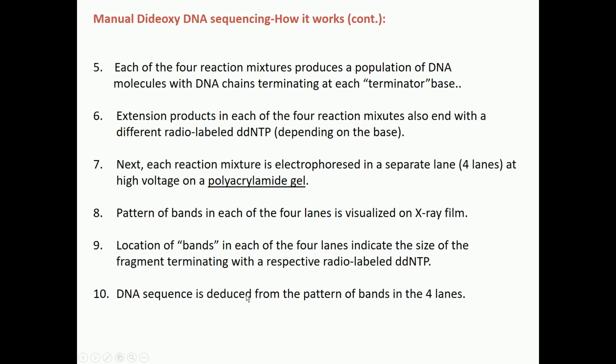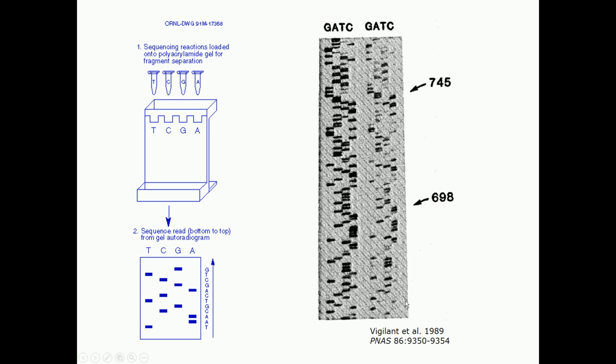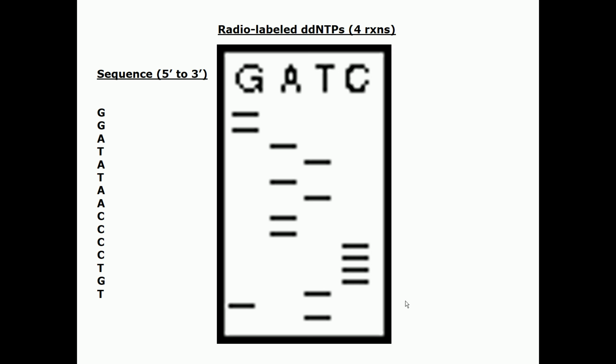DNA sequence is deduced from the pattern of bands in the 4 lanes. So this is what I just explained, and I have also posted 3 videos. Please watch those videos. They will really help you in understanding what I'm talking to you right now. Okay, so this is all the old method.